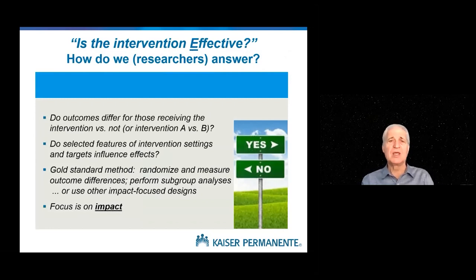So as researchers, in trying to answer the effectiveness question, we will often conduct a standard RCT, and we ask our data whether outcomes differ for the intervention group versus those in the usual care group, or in the case of comparative effectiveness research, are outcomes better for intervention A versus B. We often have the sample size and the ability and the need, of course, to understand subgroup differences and contextual influences to understand whether there are certain features of the intervention targets or subjects, as well as the settings that influence outcomes.